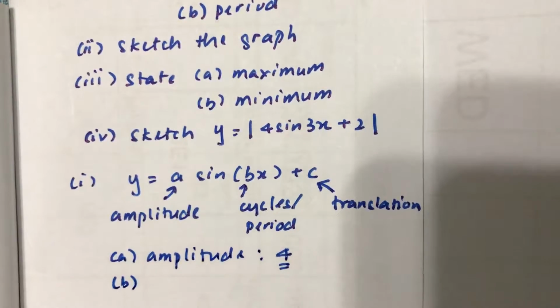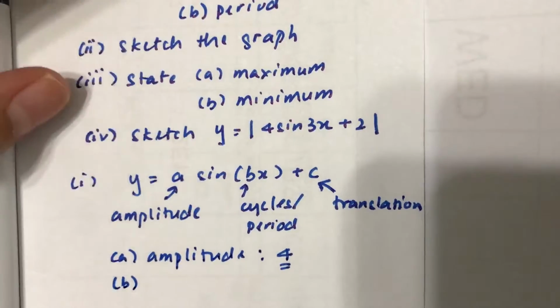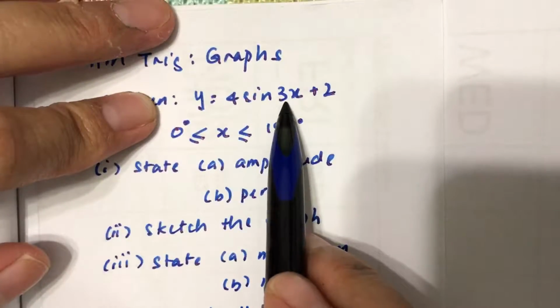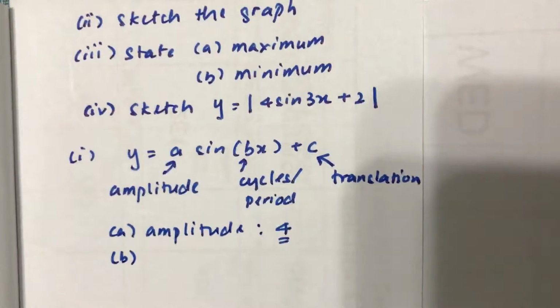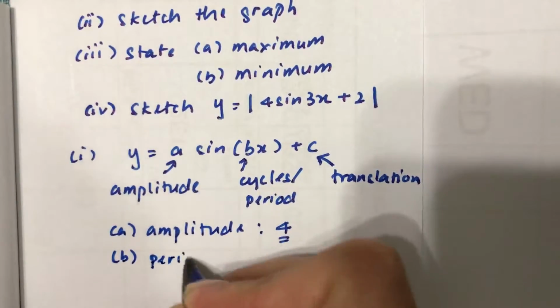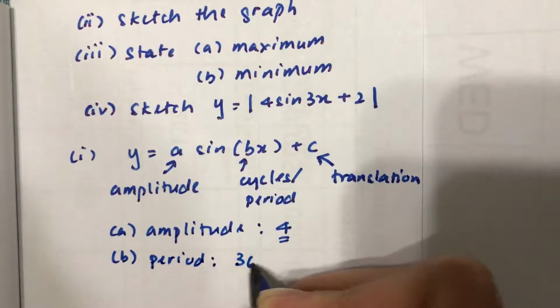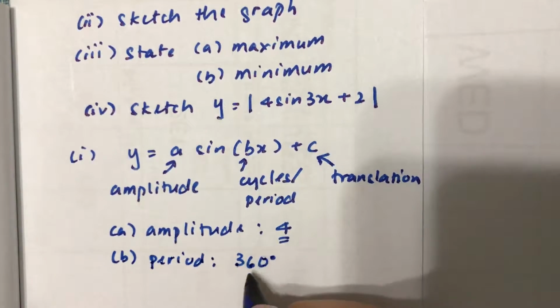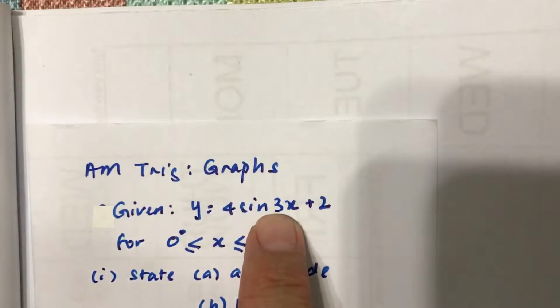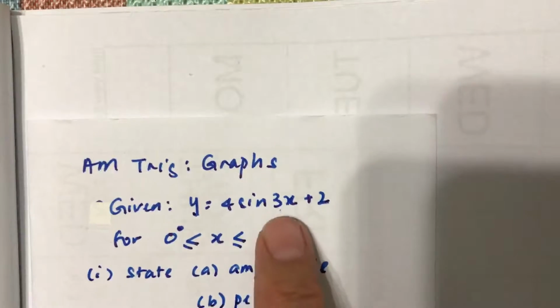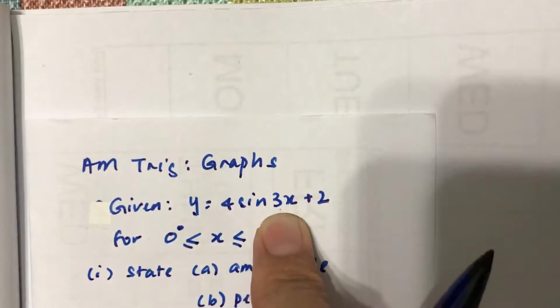Now, for the period, you have to look at this one here, 3, which is your b, correct? So in a normal cycle, for your period, you will have 360, correct? But since you can fit in 3 cycles, this 3 here means that within 360 you can fit in 3 sine graphs.